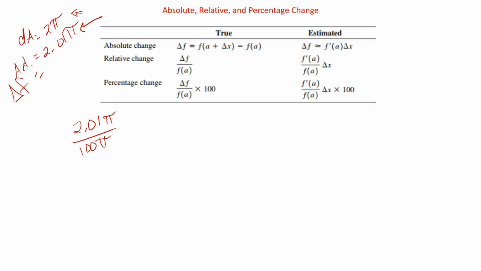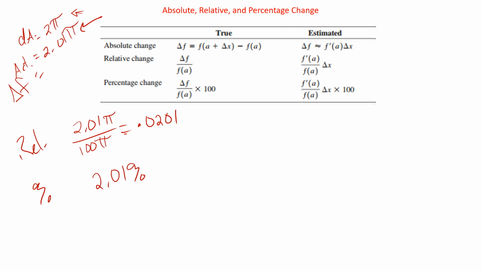The pi's cancel, we divide, we get 0.0201 is the relative change, and that's the true relative change. If we go down to the percentage change, we just change that into a percent, 2.01%. It grew by 2.01%.